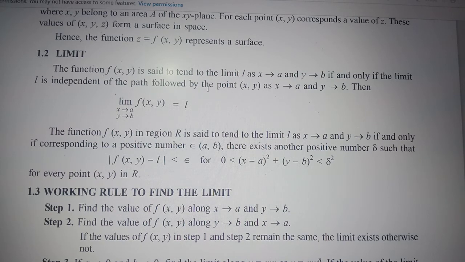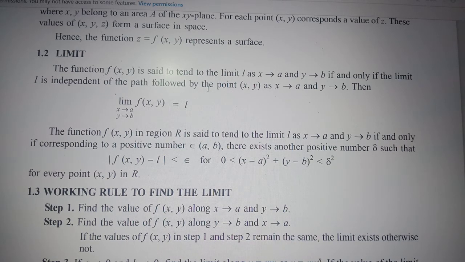Then the mathematical representation of the limit is limit x tends to a, y tends to b, f of x comma y is equal to L. So as x tends to a and y tends to b, the function tends to L.